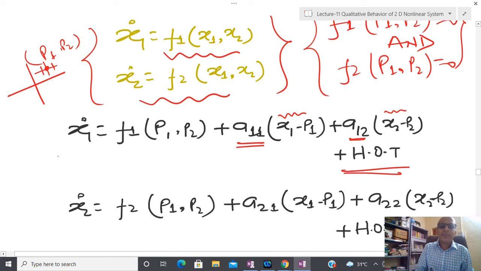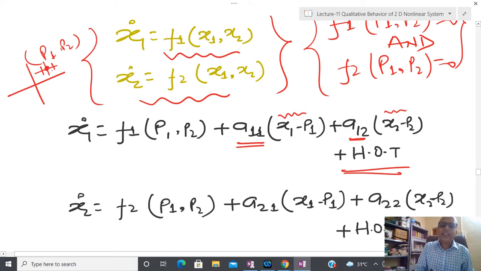So (x1 − p1)² is basically less than (x1 − p1), because we are very close to the p1 point, and if you are very close, your distance is less than 1.